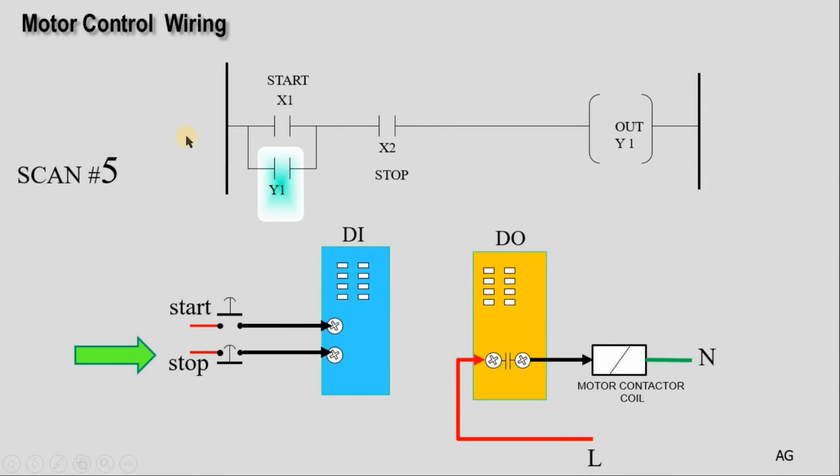Even though Y1 from the previous scan was on, at the end of scan 5, Y1 will be off. In scan 6, because Y1 is off and we still have this one off, Y1 will be off as well. Now you release it, so you return power to the second channel, and we reach the first status, scan 1. So we return back to scan 1.